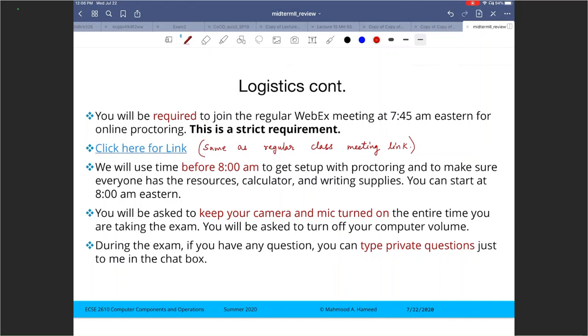So you make sure that you join at 7:45 a.m. so that we get set up with proctoring. We also make sure that you have the resources of Boolean algebra properties and the next state tables, excitation tables, and so on. You make sure that you have the calculator and writing supplies.